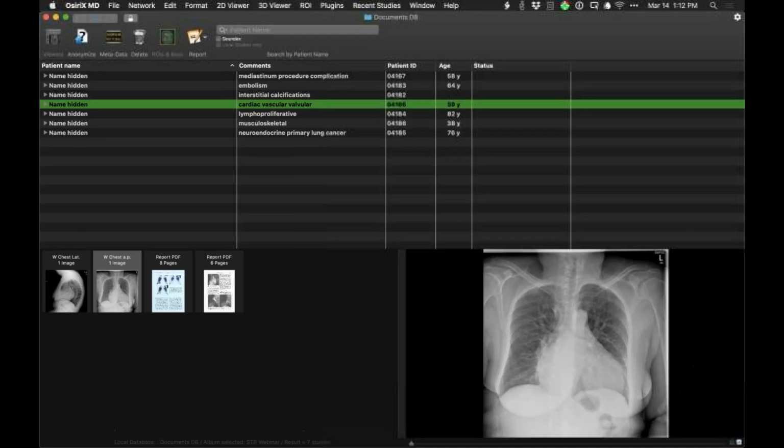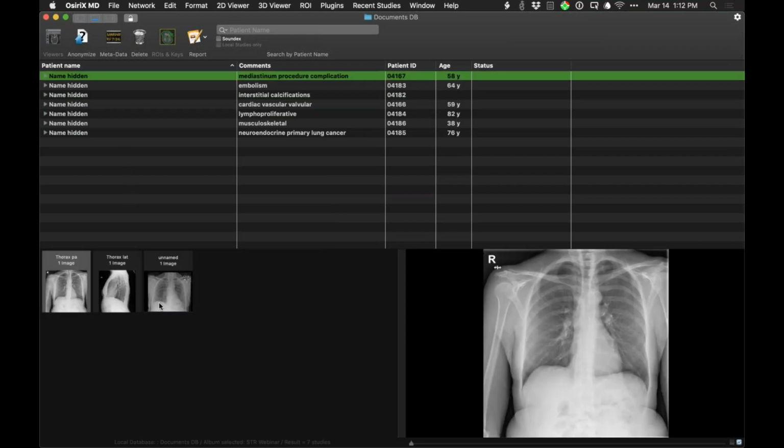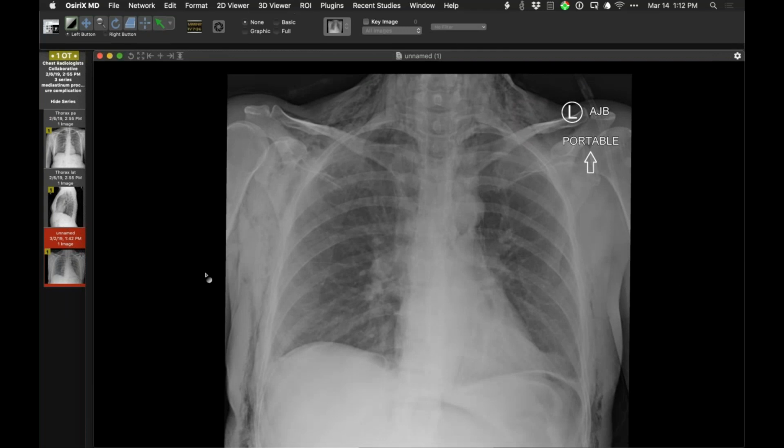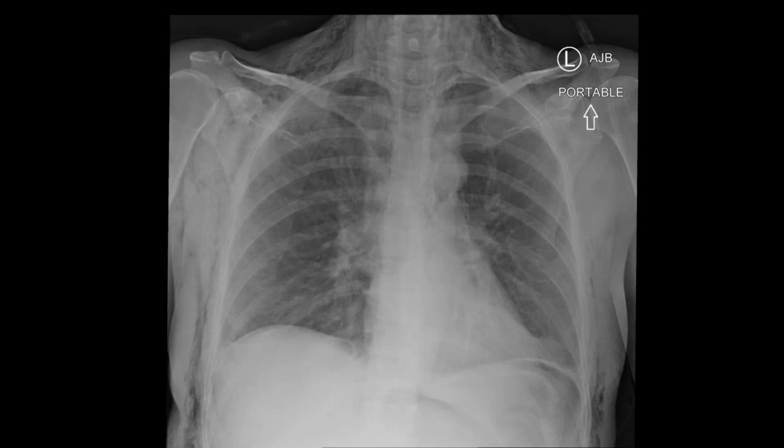All right, let me show you an interesting case of this one. Here context matters, so this is a post-procedure radiograph. It shows, of course, a lot of subcutaneous emphysema. Pneumomediastinum is present.